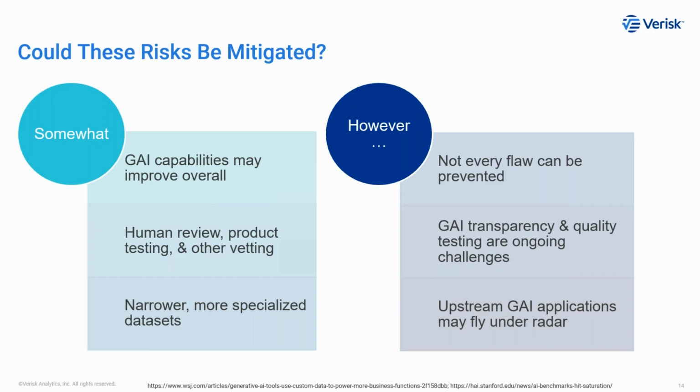However, not every flaw can be prevented. As we went over earlier with the problem of so-called hallucinations, there are not necessarily perfect fixes available for the known potential flaws in GAI tools. And you can't prevent flaws that you can't anticipate. The flaws in GAI may be difficult to anticipate due to the fact that AI tools are not always transparent.